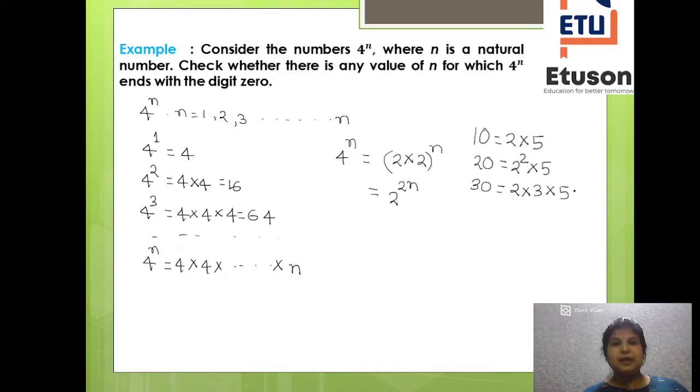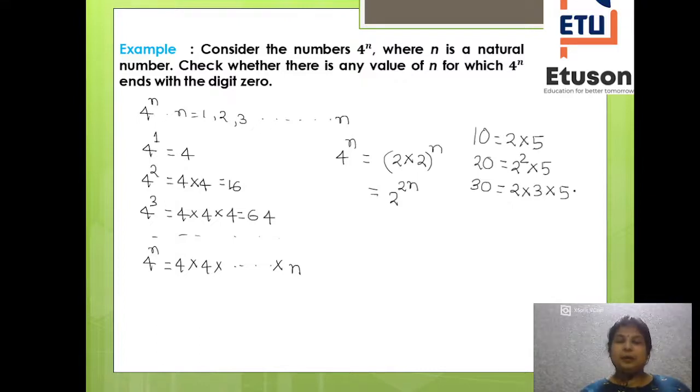Are you able to understand what I am telling? So from this you can clearly say, it is based on the fundamental theorem of arithmetic, that for each number there is a unique way of expressing its factors, which is very clear from this example. So nowhere in 4 to the power n will you get 5 as a factor, because 4 has only one prime factor, that is 2.